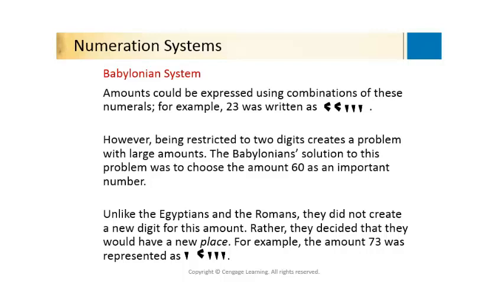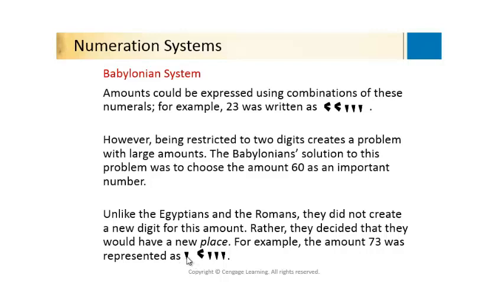So what they did instead was they created a new place. So we'll see how they used these 2 symbols to create all kinds of different numbers. They chose 60 to be their new place value, and if you'll notice this single, which is supposed to represent a 1, when it's written to the left it represents a 60.